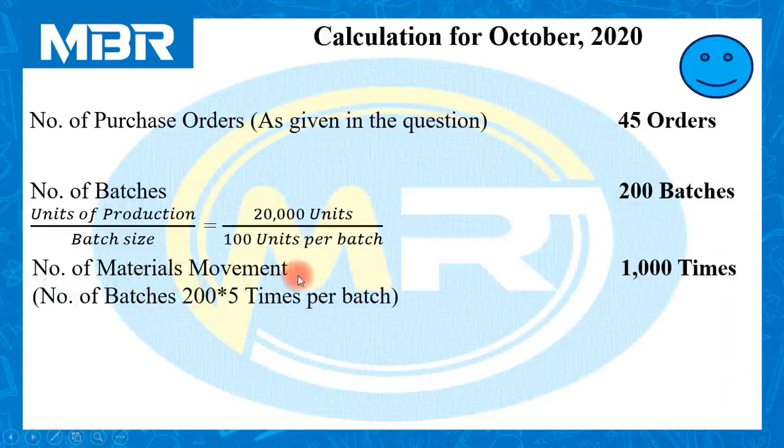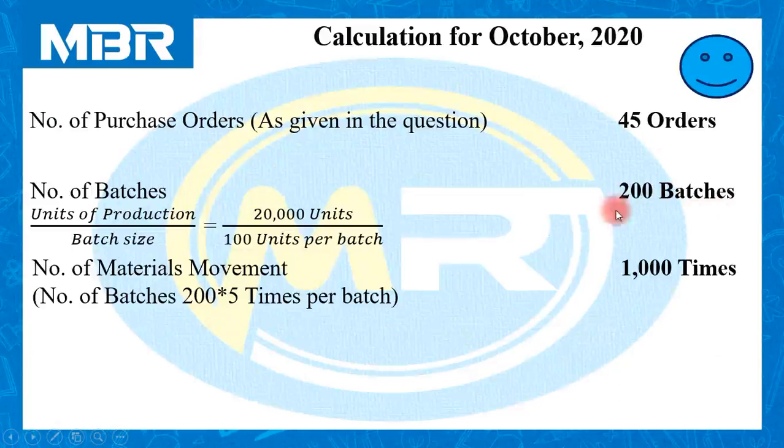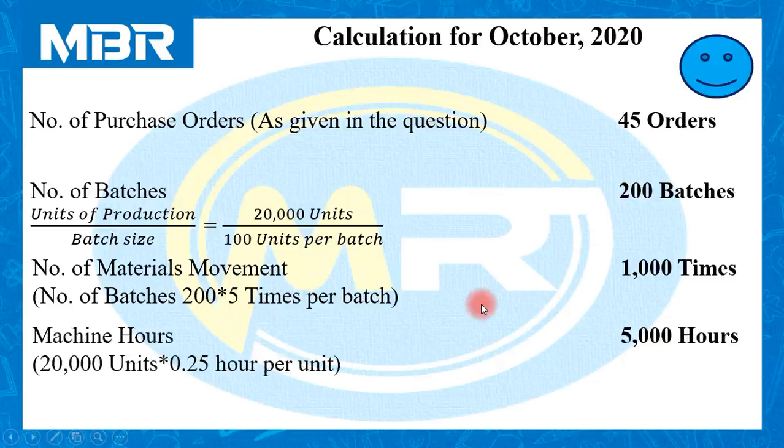Number of material movements. As per the information given to us, material movements per batch is 5. And we have 200 batches for the month of October 2020. So total number of material movements is 200 batches multiplied by 5, which is equal to 1,000 times. And machine hours: 20,000 units multiplied by 0.25 hour per unit.